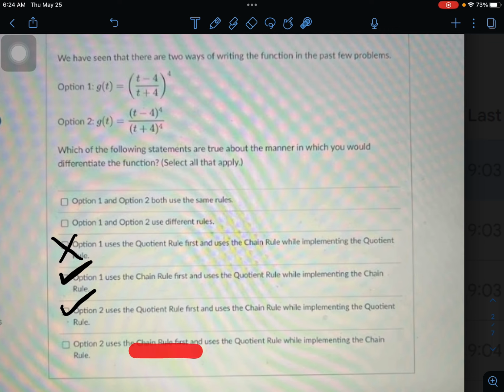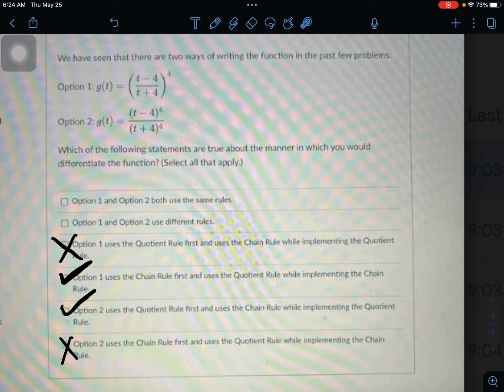But in using the chain rule, when I take the derivative of the top, for instance, if I were to do the chain rule on just the top, I wouldn't use the quotient rule while implementing the chain rule. So yeah, that's not an option. I actually wouldn't do that. Because if I were to do the chain rule first on this one, I would just do the chain rule on the top, and then I would do the chain rule on the bottom.